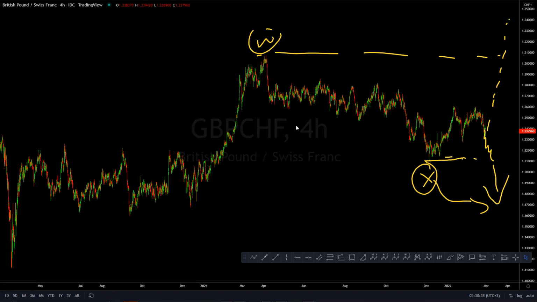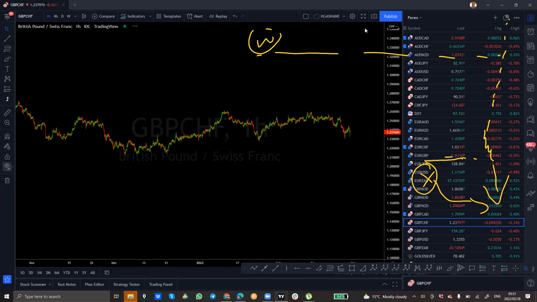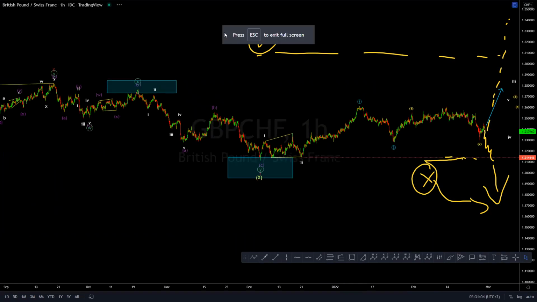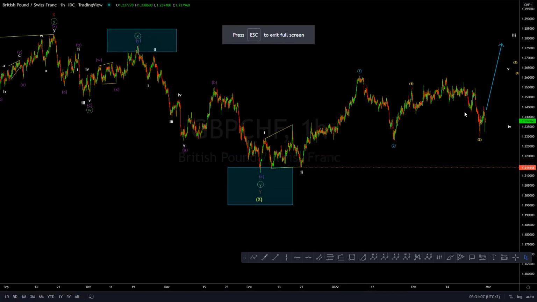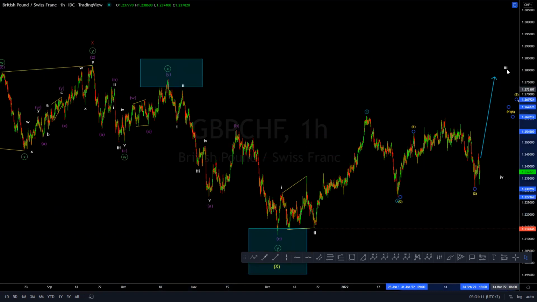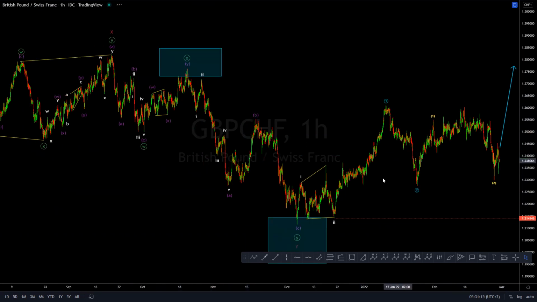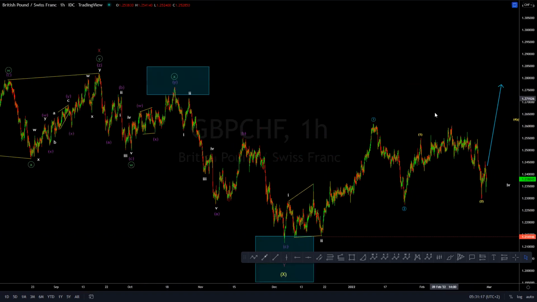I would like to present to you on a 1 hourly time frame a labeled possibility, which is not necessarily a high probability labeling. It could be, it also could be a low probability labeling.